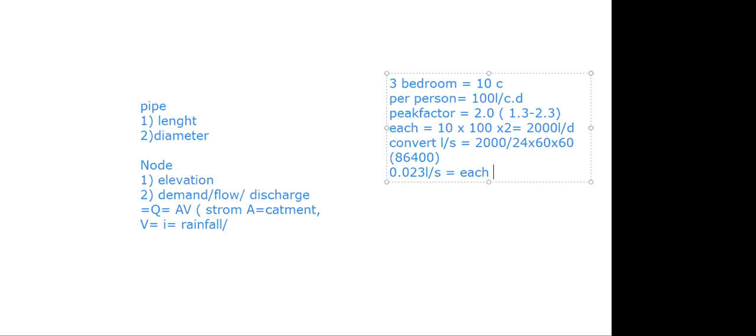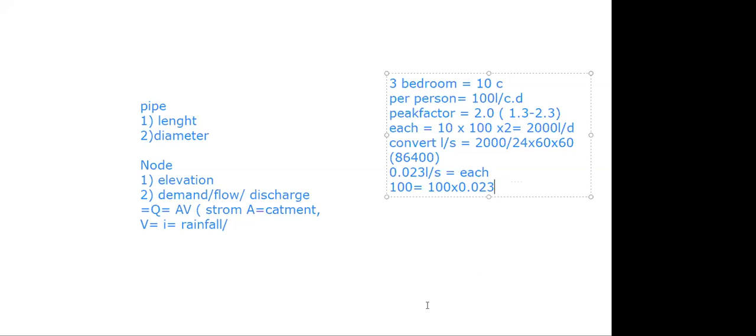So this is what it means. Based on this, if there are now 100 houses, what you simply do is multiply 100 by 0.023, which is the value for one house. Whether there are 1 million houses, as far as you've gotten the value for one house, just multiply.